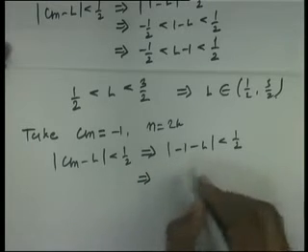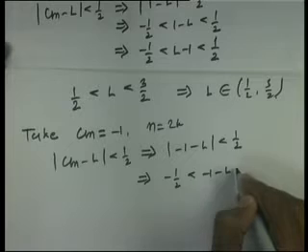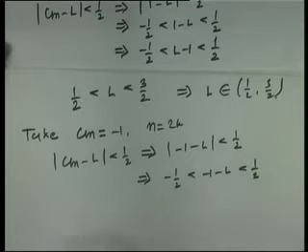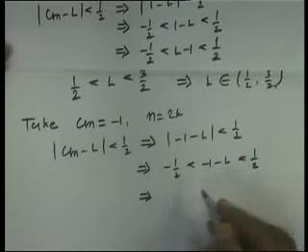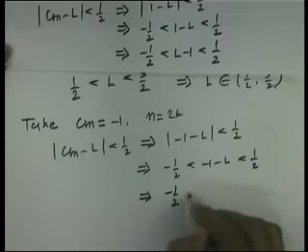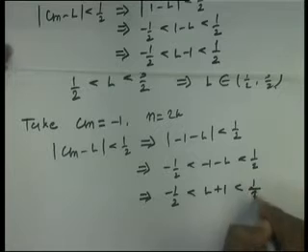This modulus gives us minus 1 by 2 less than minus 1 minus L less than 1 by 2. Multiply all the sides with minus sign, this turns into minus 1 by 2 less than L plus 1 less than 1 by 2.